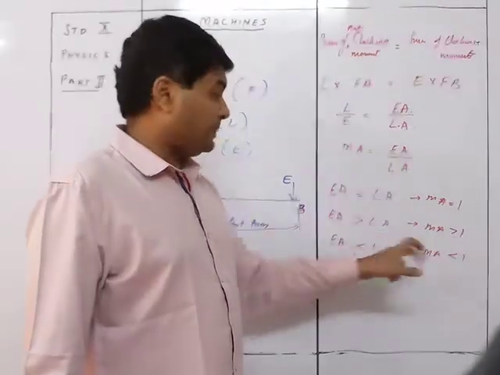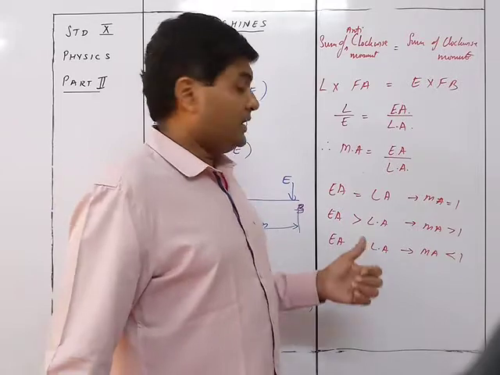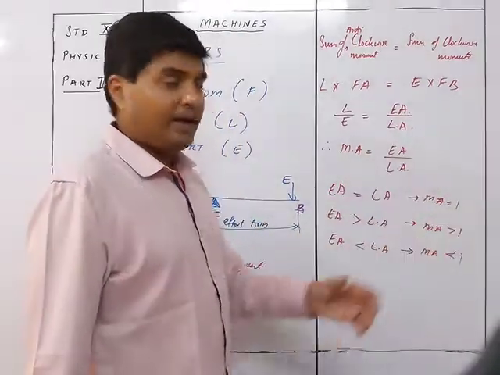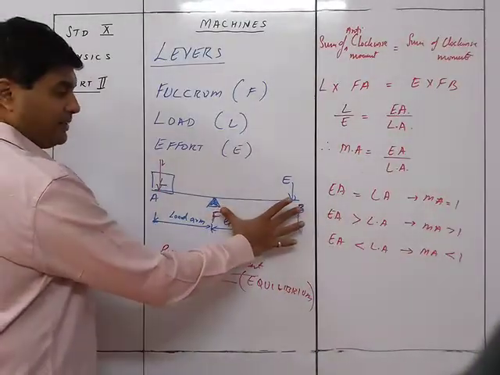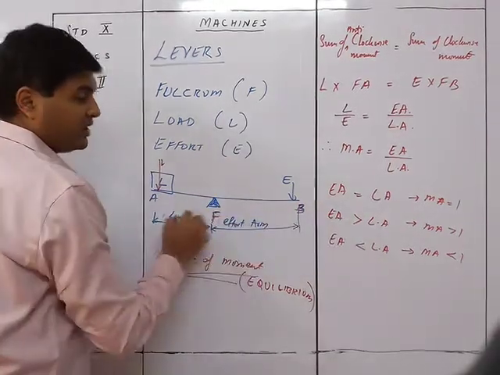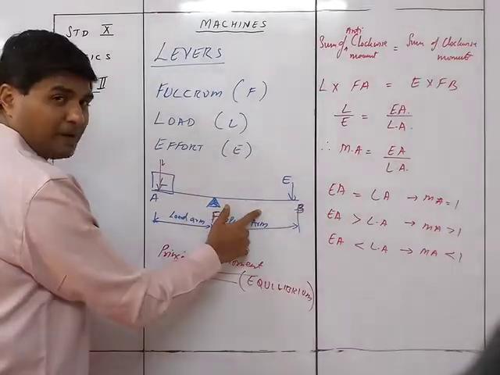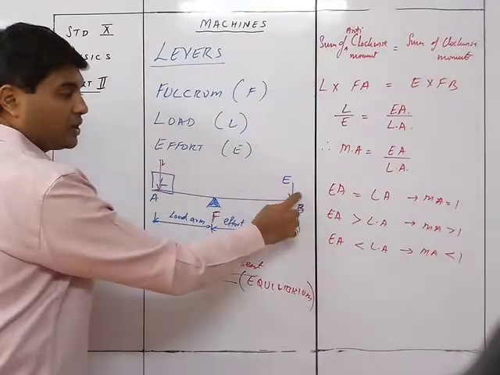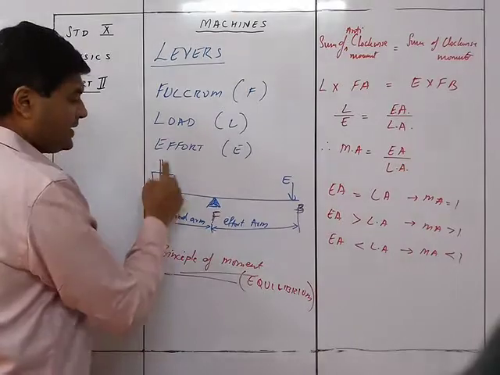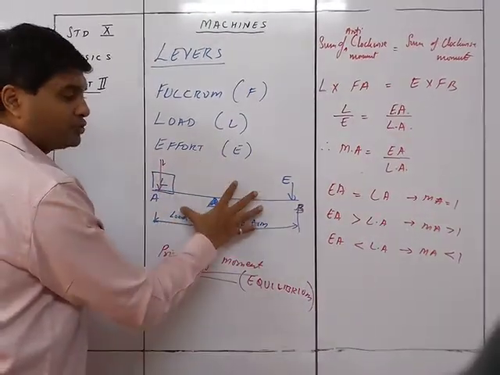In such a case these are force multipliers: the effort arm is bigger and the load arm is smaller. This is a force multiplier. For a smaller effort, you can lift a bigger load.